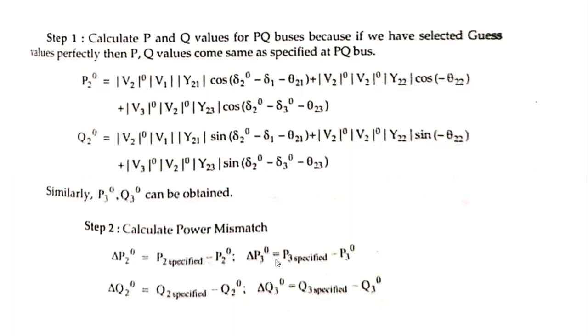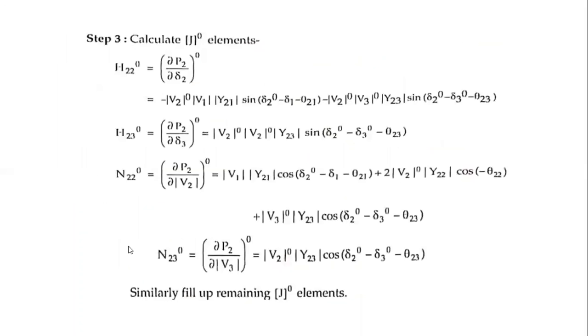Next, delta P3 equals P3 specified minus P3 naught, where P3 naught is formed using this formula. Next, delta Q2 equals Q2 specified minus Q2 naught, and delta Q3 equals Q3 specified minus Q3 naught. These are the Q2 naught and Q3 naught values. This is the step 2 calculation.